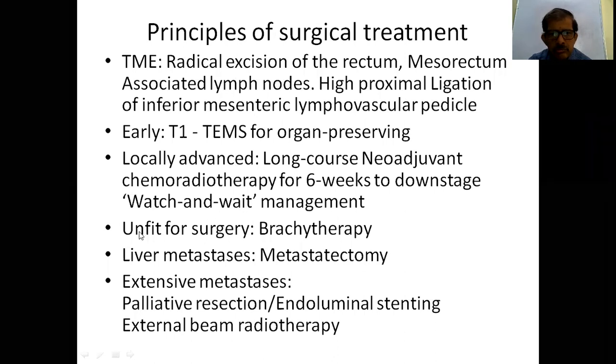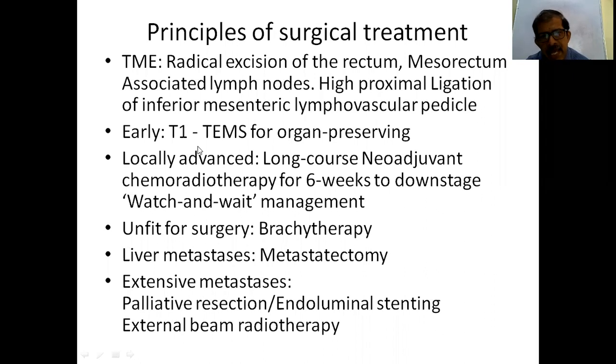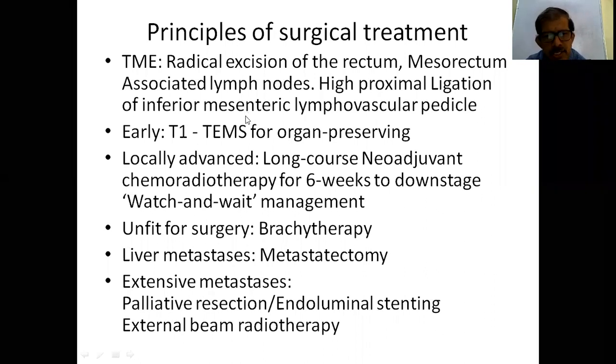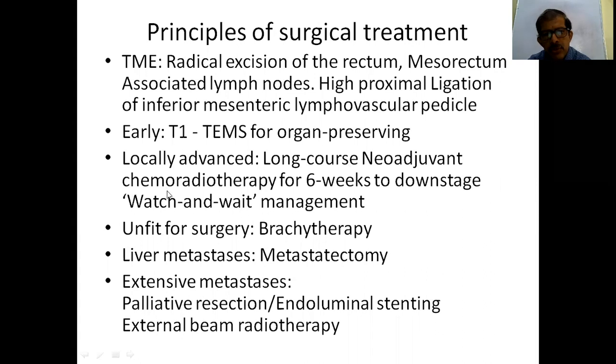Unfit for surgery, go for brachytherapy. Whereas early T1 lesions, you go for TEMS. Don't confuse TME and SEMS with TEMS. TEMS is transanal endoscopic microsurgery. Then if it is locally advanced T3, T4, you can give neoadjuvant chemoradiotherapy. Then liver, you can even do metastatectomy if the prognosis is good.